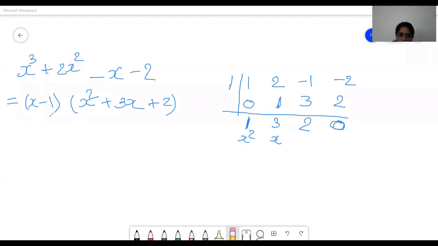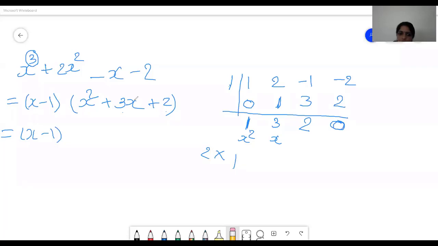Okay, so see here, power is 3. So we have total 3 factors. One factor is x minus 1. Now the other 2 factors we will find with the help of this bracket. So x square plus 3x plus 2. Now the factors of 2 are 2 into 1.